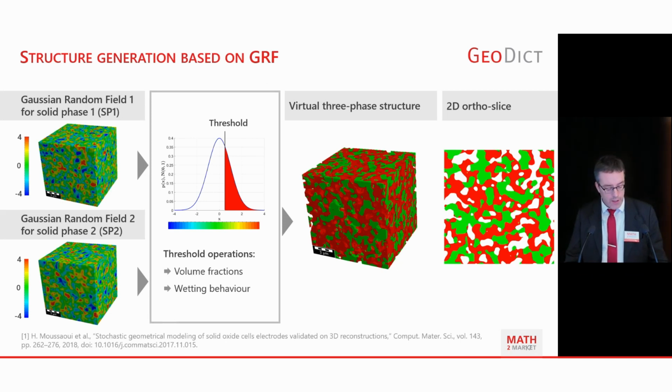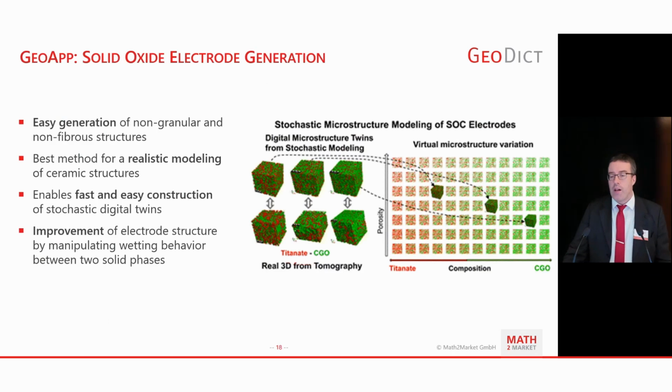The purpose here is that you can generate these solid oxide electrodes fast and easy. At first, of course, we were hiding a complex geometry modeling, in this case non-granular, non-fibrous, easily generated, realistic ceramic structures behind a GeoApp. You don't actually need to see what the details are in there. You just use that GeoApp and you get a structure.